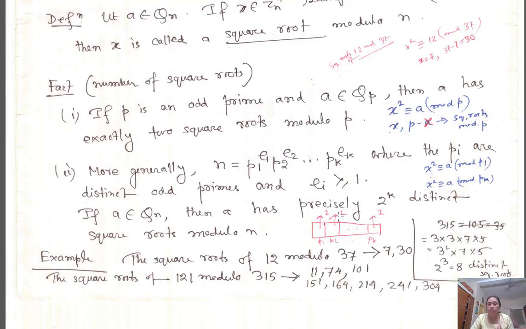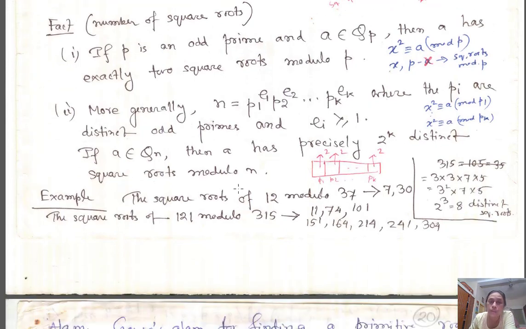Here modulo p1 I have two solutions, modulo p2 I have two solutions, modulo pk I have two solutions. So from one solution you pick from each, you get one solution. You take another solution from here and the remaining here. So precisely we have 2 to the power k many square roots modulo n.